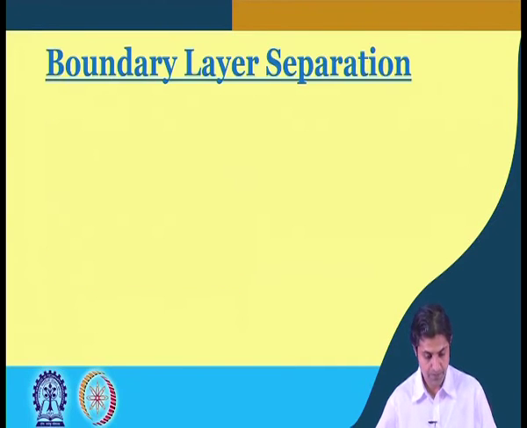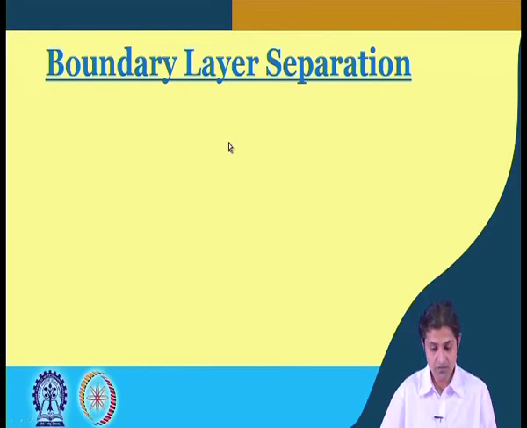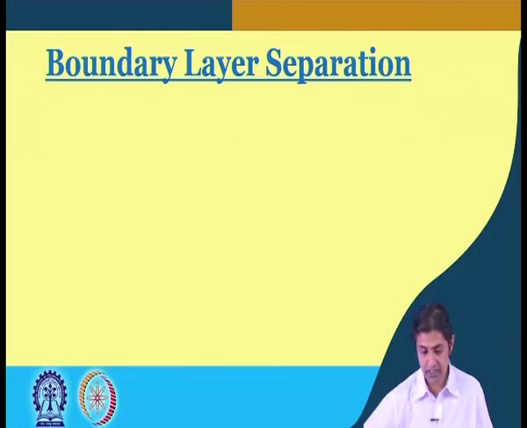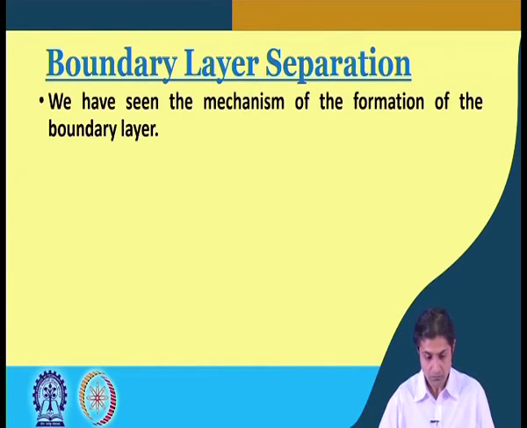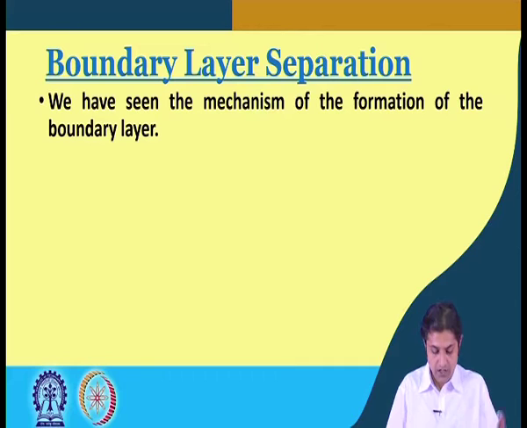All right. So, now we have to study something called the boundary layer separation. What is boundary layer separation? We have seen the mechanism of the formation of the boundary layer.